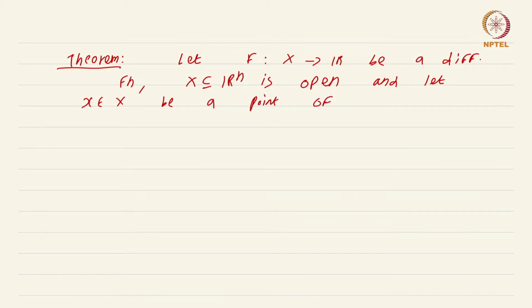That is, it's either a local maximum or a local minimum. Then the gradient of f at this point x is 0.